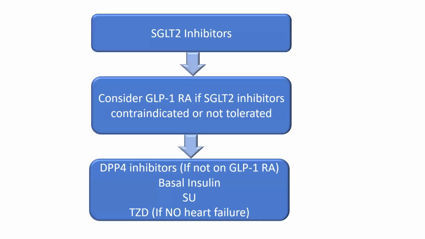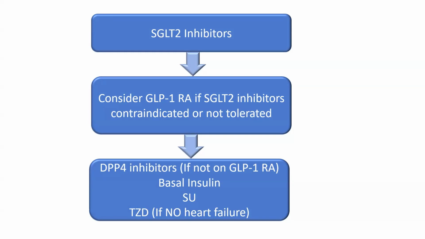So here's the sort of algorithm that we follow in these patients. You start on the SGLT2 inhibitors, and if these are contraindicated or not tolerated, you will have to consider starting a GLP-1 receptor agonist. Even with that, if glycemic control is not achieved, you can start the patient on a DPP-4 inhibitor, if the patient is not on a GLP-1 receptor agonist, that is.